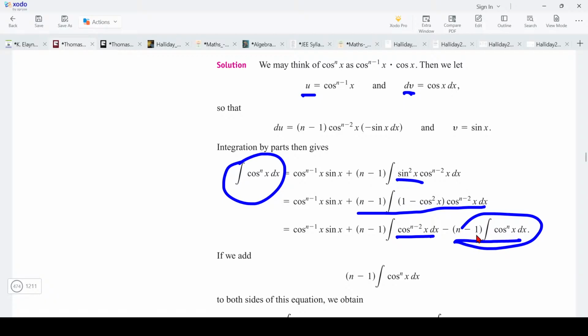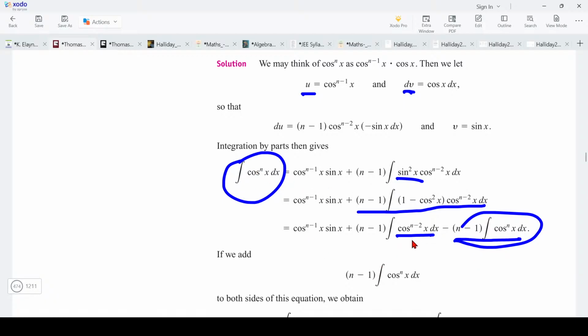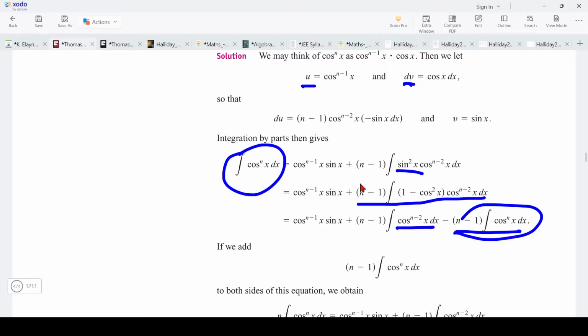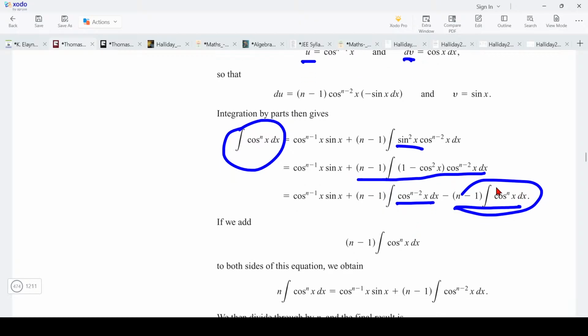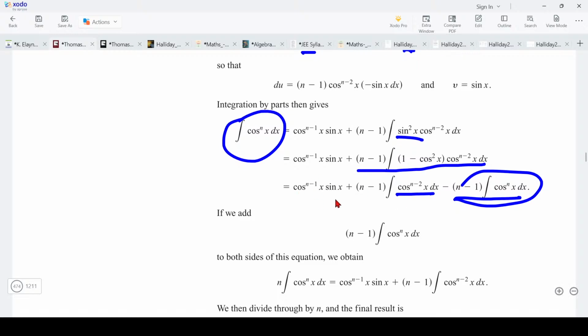If you take it to the left side, n minus 1 plus 1, that becomes n into integral of cos power n x dx. That became cos power (n minus 1) x sin x plus (n minus 1) into integral of cos power (n minus 2) x dx.